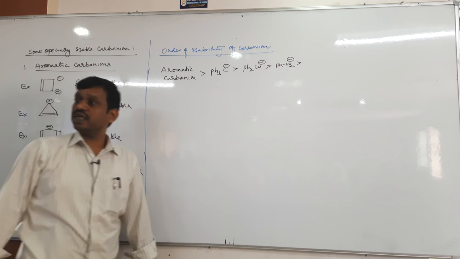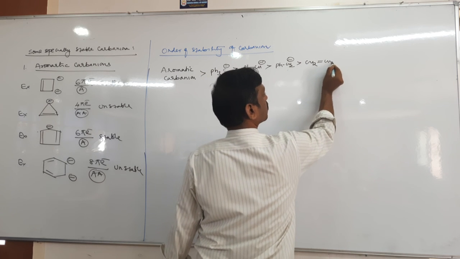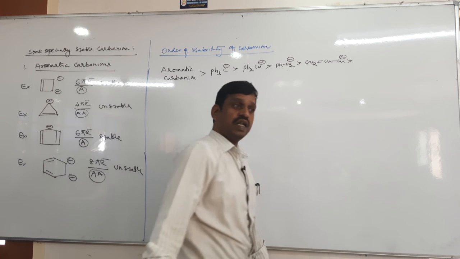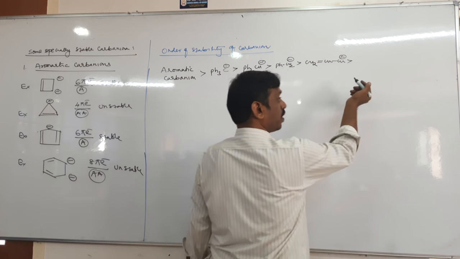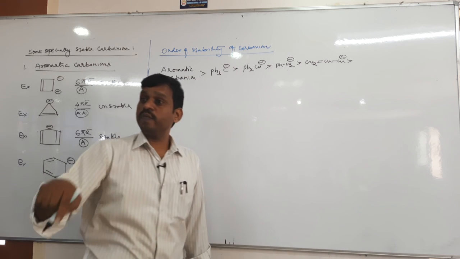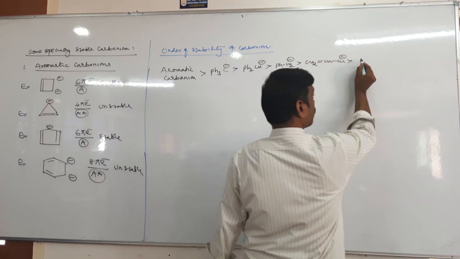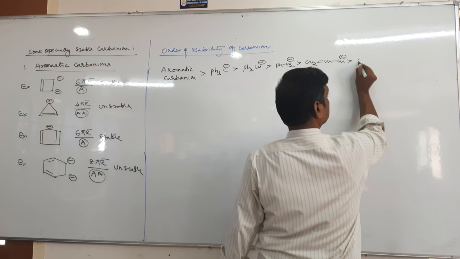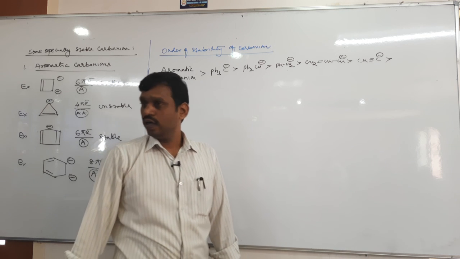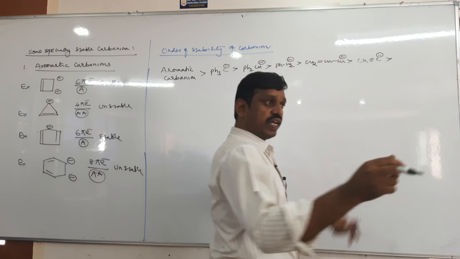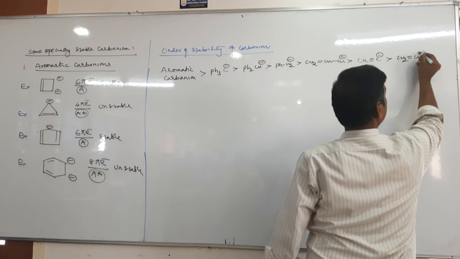Then, after benzyl carbanion, allylic carbanion. Next, after allylic, primary. Before primary, methyl. Methyl is sp3. Before methyl, can I take this? sp carbon, yes. Carbanion with sp carbon is most stable. The next is carbanion with sp2 carbon.